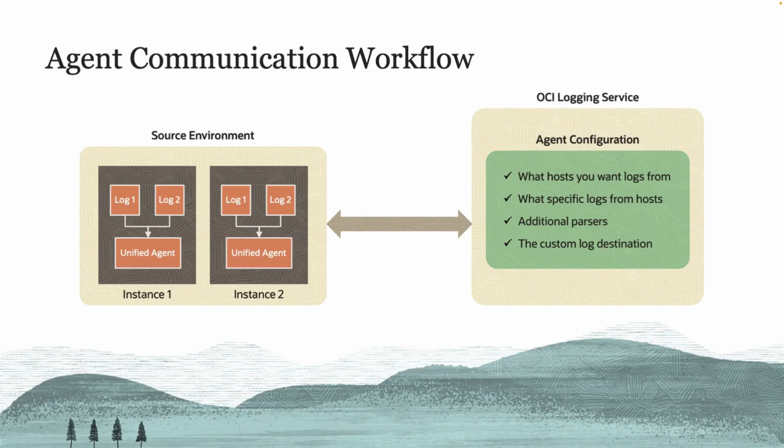Within this configuration, you would specify which host or instances you wanted to collect the logs from, what specific logs you should collect, like the syslogs or application level logs, and then you could add parsers into this configuration. Log parsing is a method to split large volumes of logs, making it easy to interpret and analyze the data. For example, you can choose parsers for XML or syslog or JSON types. And the last step is to define the log destination that will include which compartment where you want to store the log, a log group, and a specific log object for storing these custom logs.